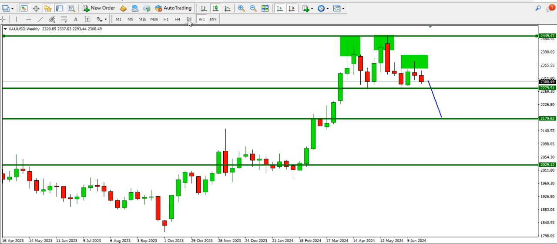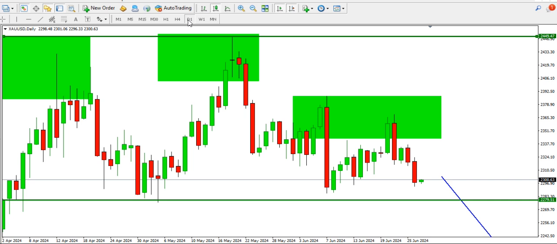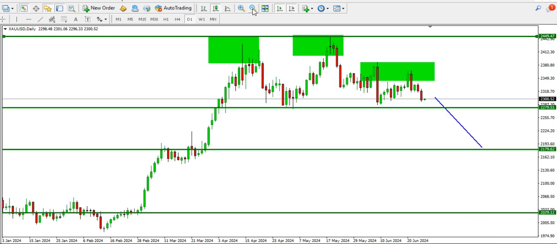Let's quickly move to the daily time frame. We've discussed the price analysis on the daily time frame, and we've identified the fact that we have a head and shoulder pattern forming, and we know that the next order block where buyers are stationed is around 2179.